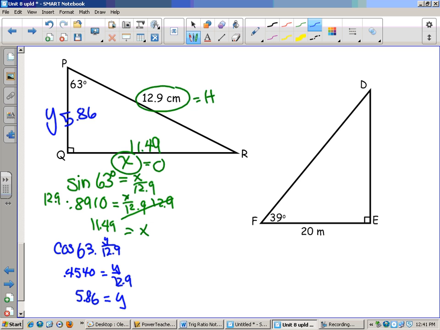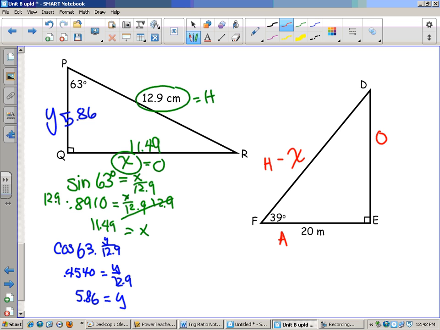Okay? All right, then the only other kind of tricky thing you have to watch for, let's say I'm solving for this hypotenuse. Okay, we know this is h. So if this is 39, what's this one? Opposite or adjacent? Opposite. And this one would be adjacent.